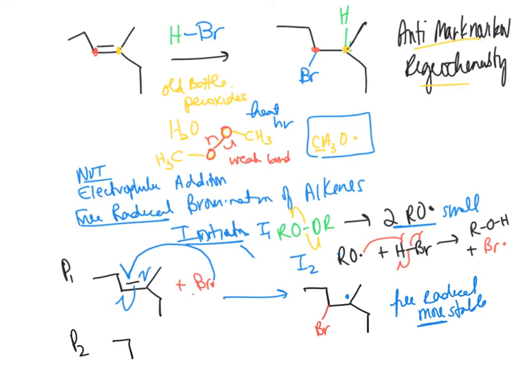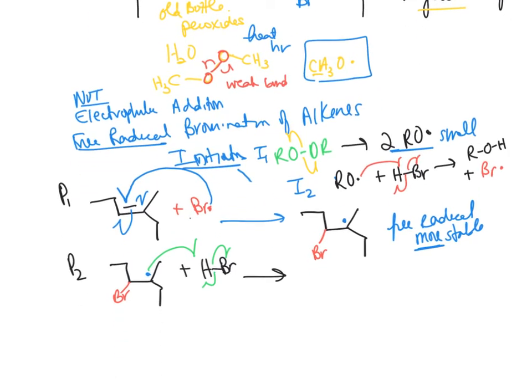And in your propagation step 2, it is this free radical now that will propagate and make another radical. So we'll add this with another HBr, and then we have 3 fishhook arrows, and we form the product: the H adds there, and generates another bromine radical.